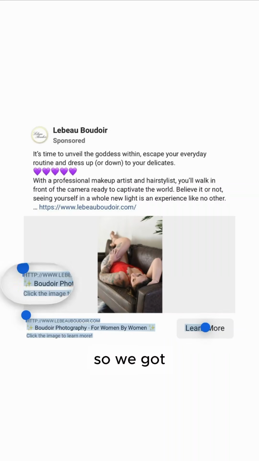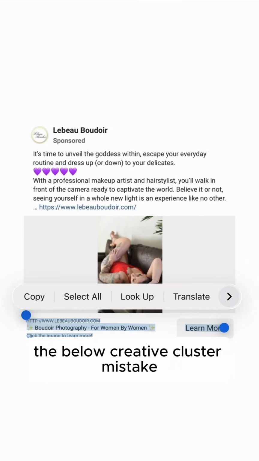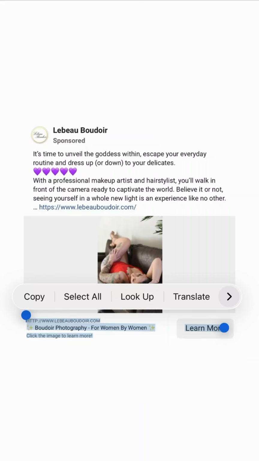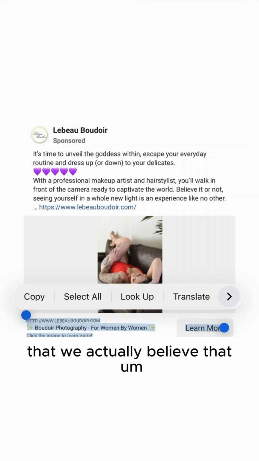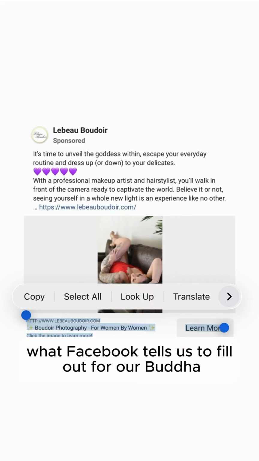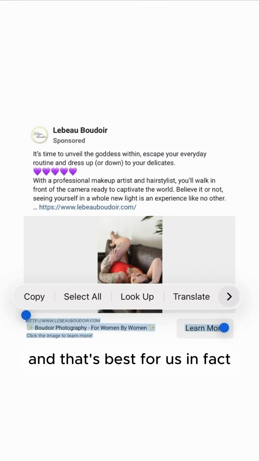So we got the below creative cluster mistake. The false belief that caused us to make this mistake is that we actually believe that what Facebook tells us to fill out for our boudoir Facebook ads is what we should fill out, and that's best for us.